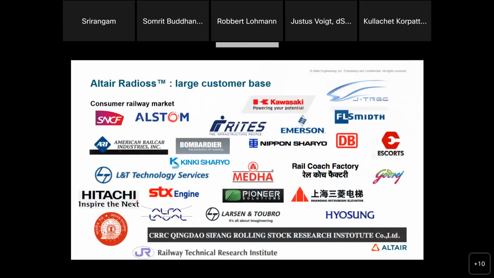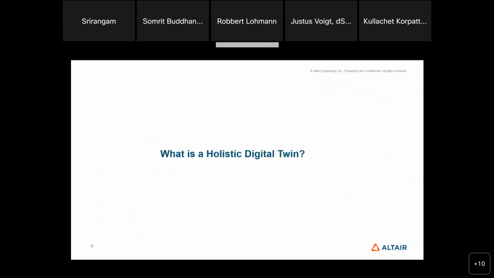I'm going to just focus very much on the railways and mobility. We have a huge number of customers that we work with in different segments of mobility. This is the railway market alone. And if you look at the automotive, every other automotive manufacturer uses our software for either engineering or for data analytics.